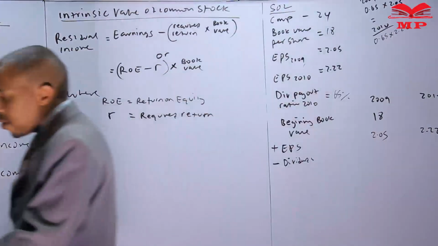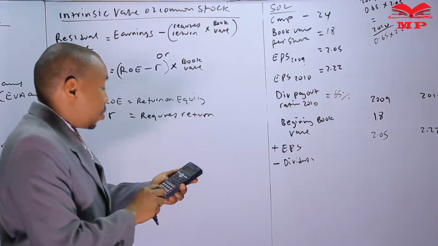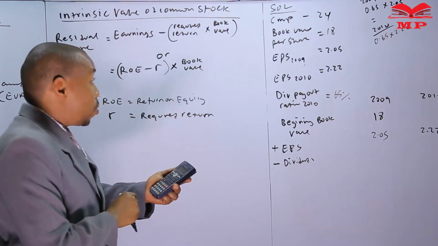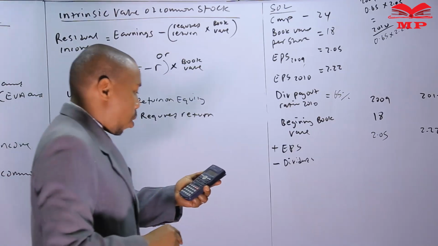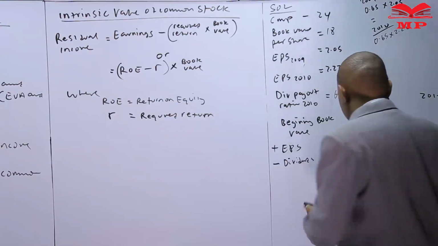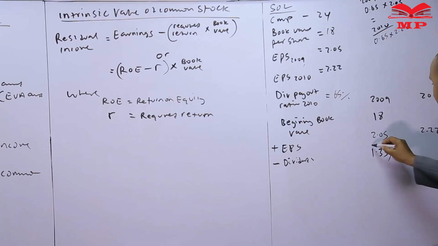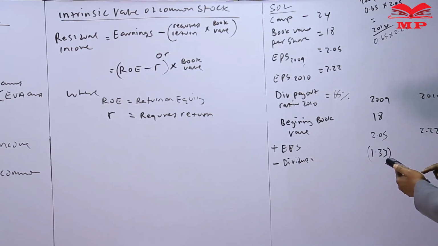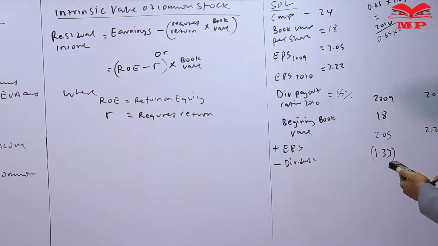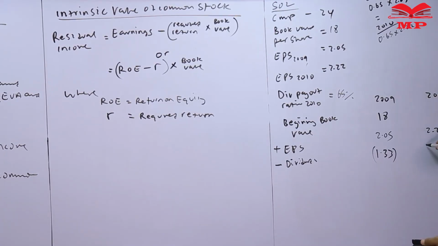So how much is that value then? It's 0.65 multiplied by 2.05, and there we have 1.33. And these dividends should be less as well. 0.65 multiplied by 2.22, we have 1.44, and that should be less.